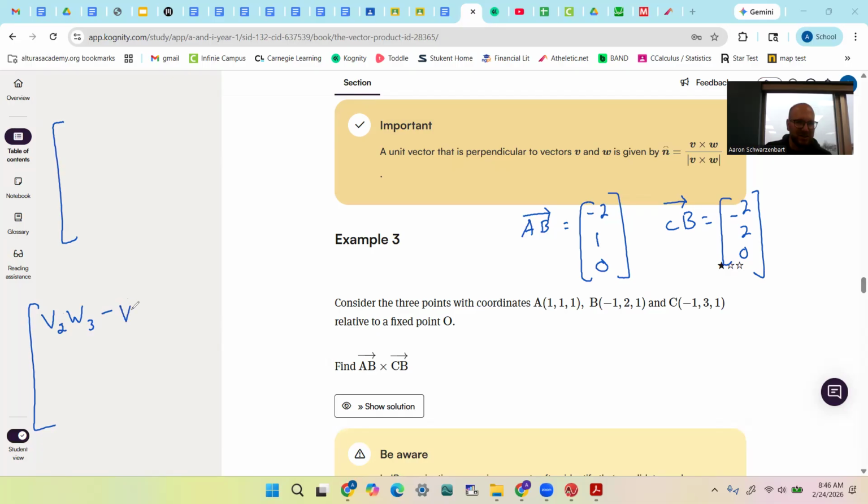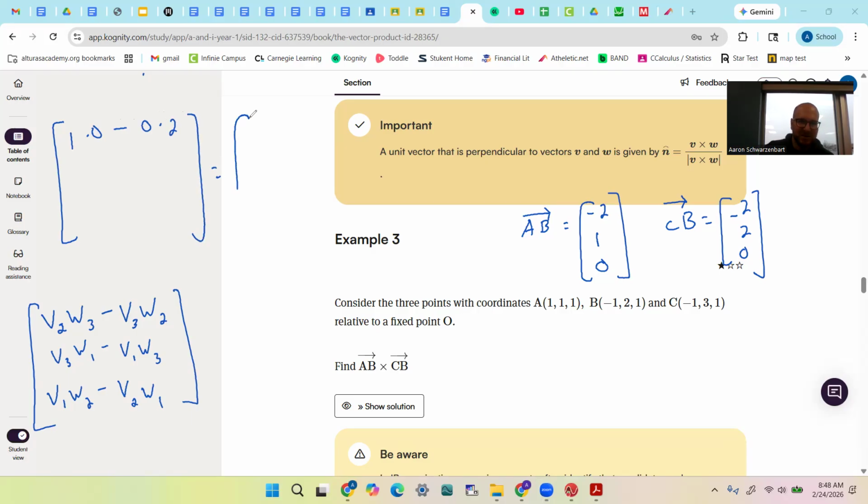So I've got my formula again. So V2, 1 times W3, 0, minus V3, 0, times W2, 2. That's convenient. That's 0.